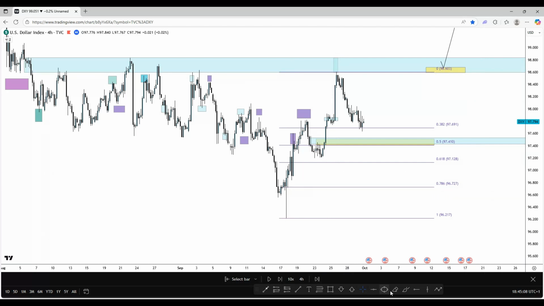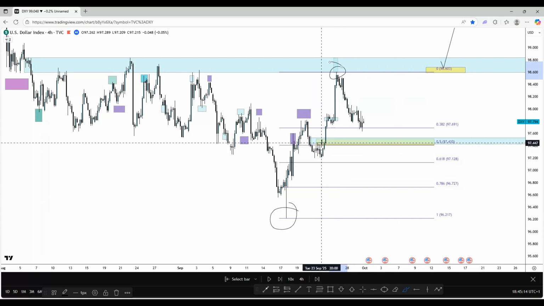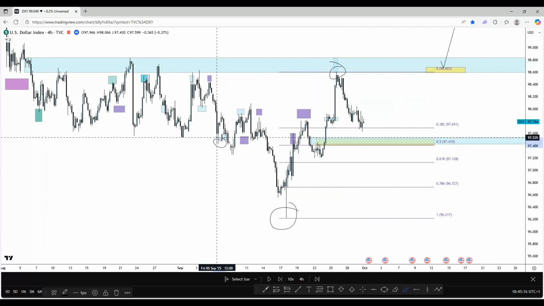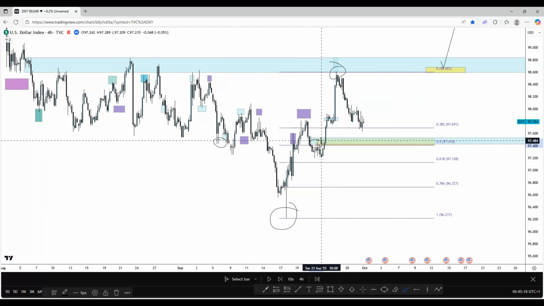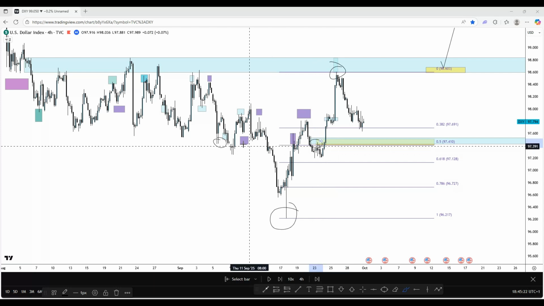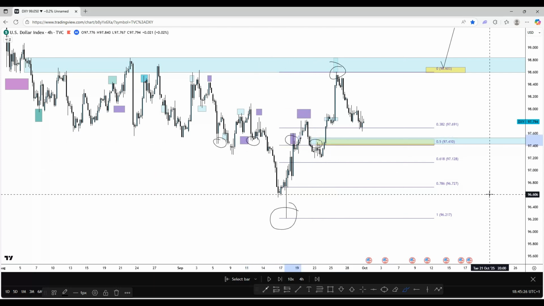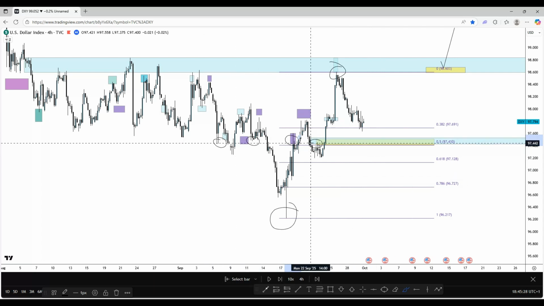So I drew a Fibonacci from the low up to the high. What I then noticed is that we had a nice wick and also a wick here with these two candles. So overall, I was looking at a potential key level where price had reacted multiple times in the past, which gave me confluence for why the level should work.